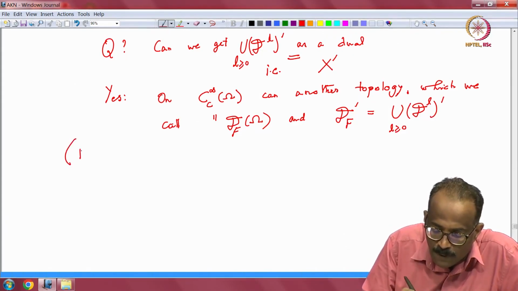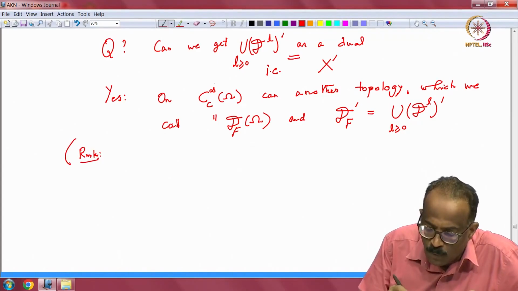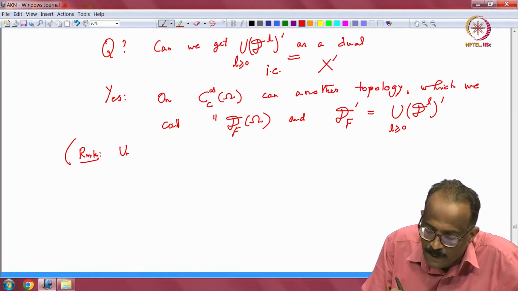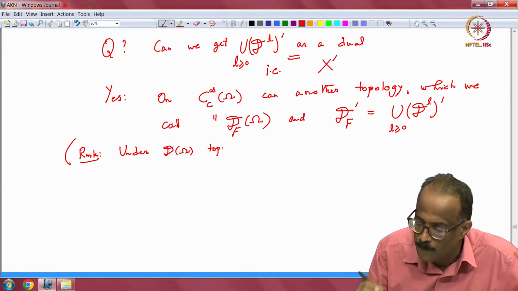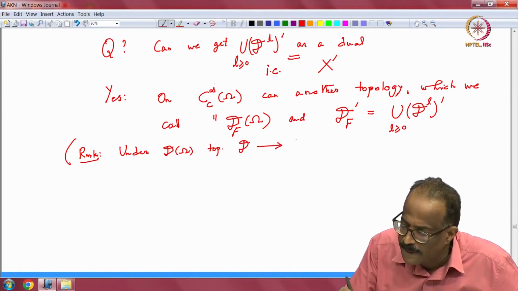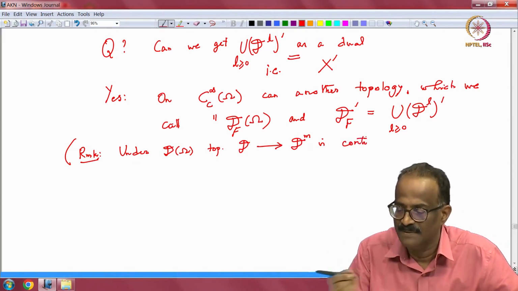So, remark, you can do that. Under the D omega topology, the inclusion D to D_m is continuous. This is part of the topology which we have already seen.